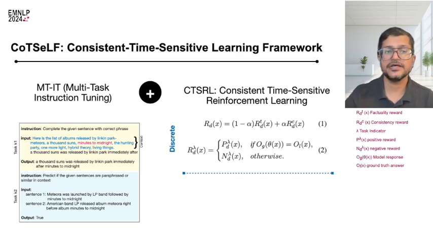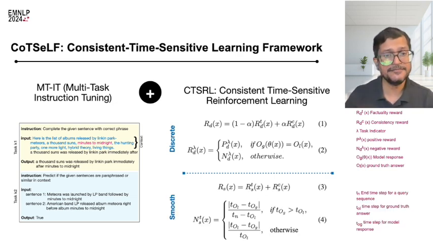The second variant, which is smooth CDSRL, solves another challenge: the temporal axis is a continuous scale rather than discrete. So if the model is factually incorrect, how far it is from the correct answer matters.